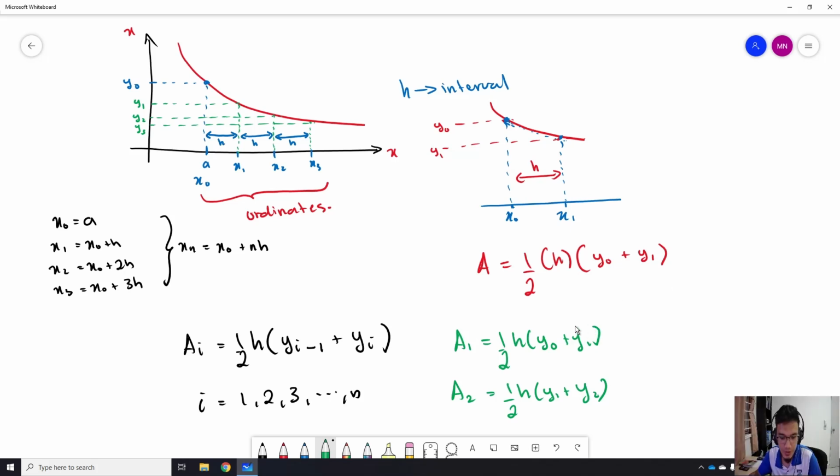The sum of the areas of the trapezoids gives us the approximate value of the area under the curve.